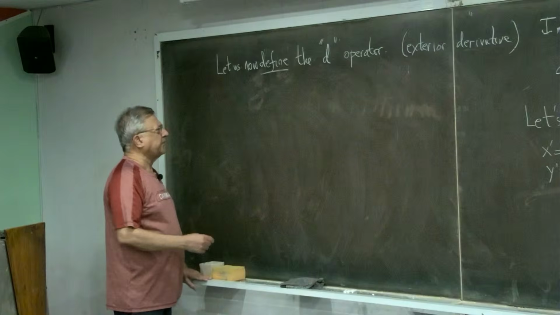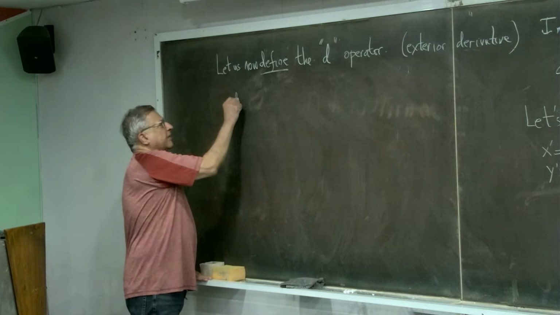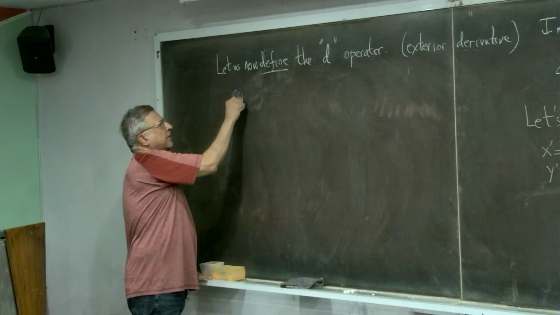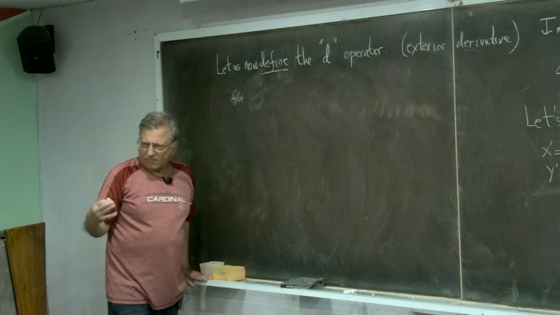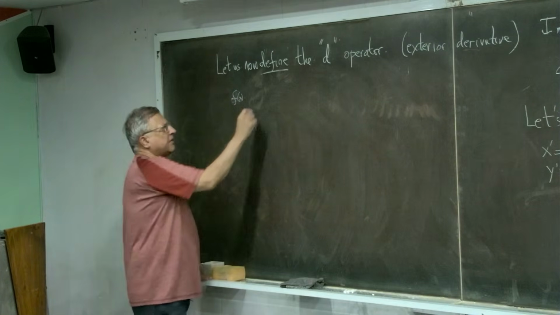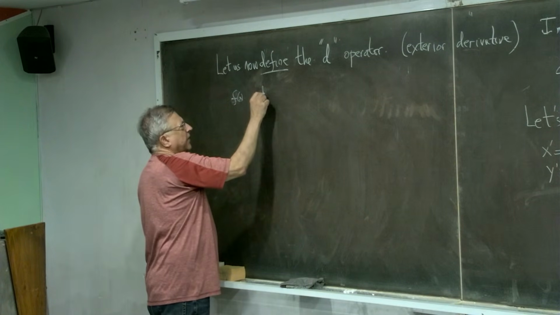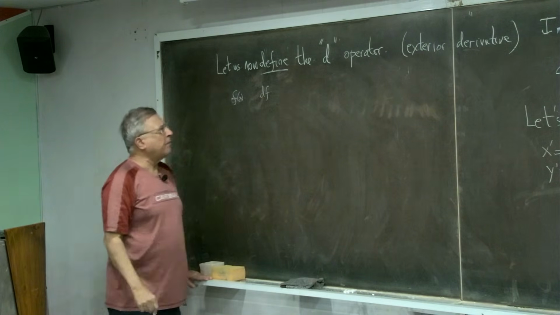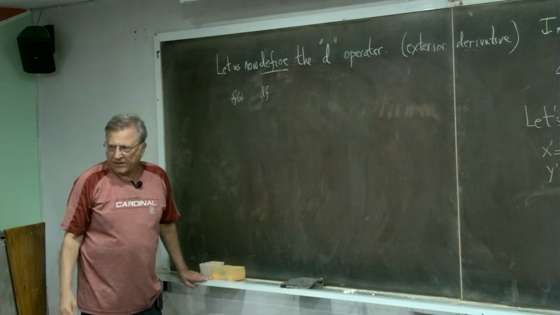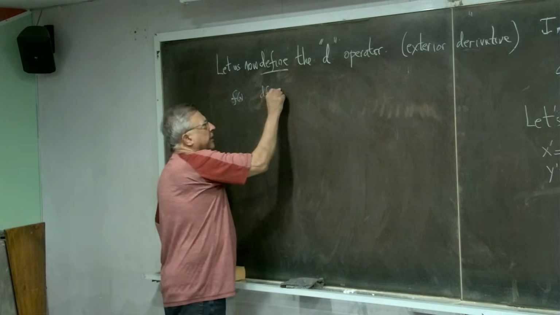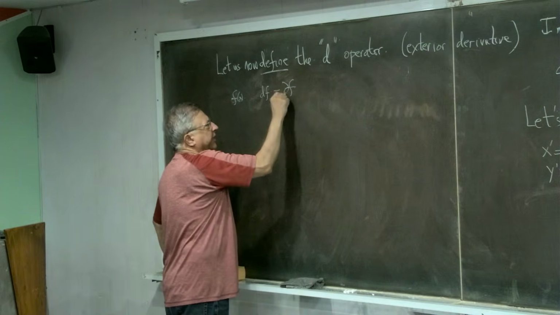If I have just one, suppose I have a function only of x. There is no y, z, anything, only x. Then if I ask how much is the change in f when I change x by a little bit, then this is df by dx.